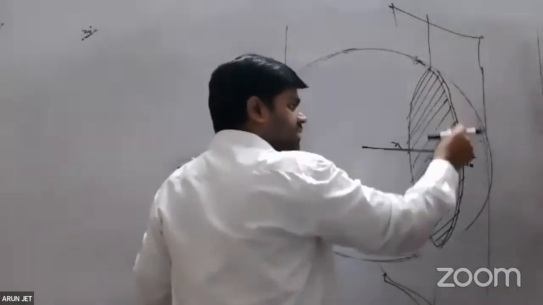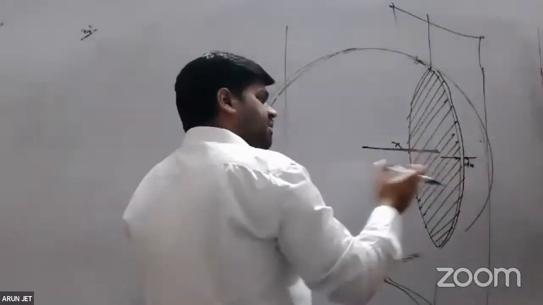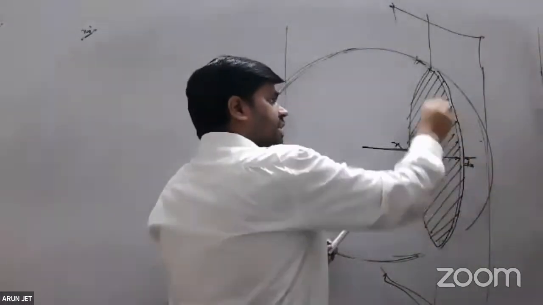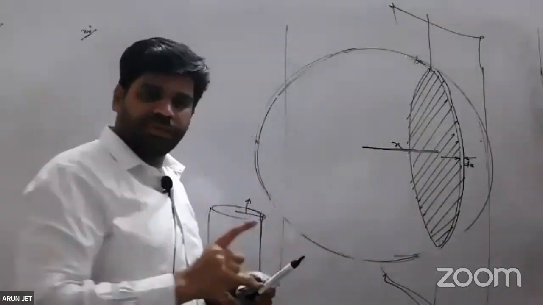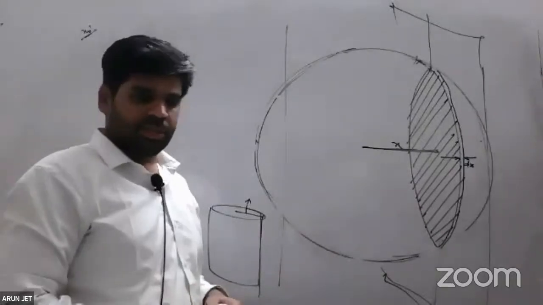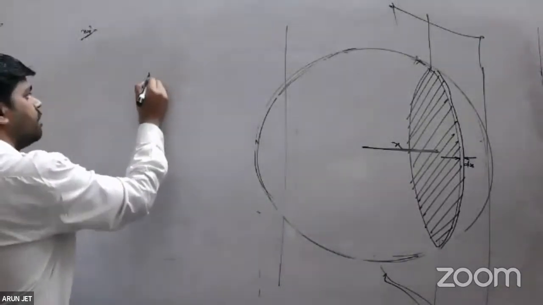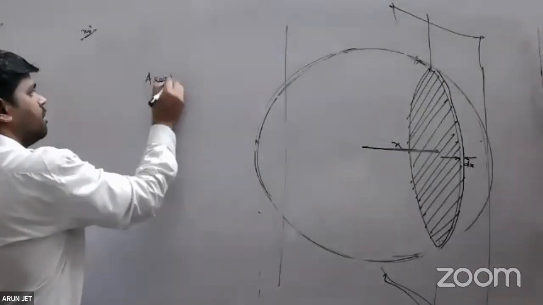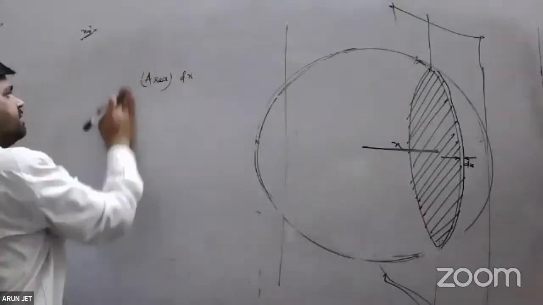Similarly, I've got a very thin disk. A disk is nothing but a cylinder of width dx and area this shaded area. So area into dx will give me the volume of the thin disk, which is dV.